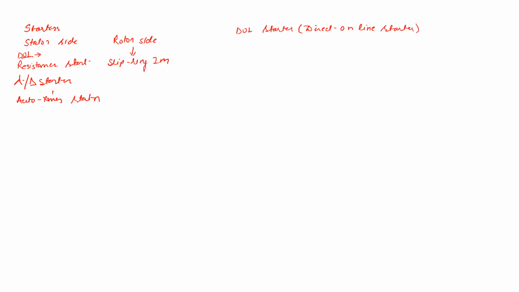Here our objective is not to reduce the starting current, but only to give some sort of protection, under voltage, over voltage, and single phasing protection can be adopted. External switching can be used, maybe for automation purposes, automatic on, automatic off. Such things can be incorporated in all types of starters, no doubt. But the DOL starter is one type of starter where some protection can be used.